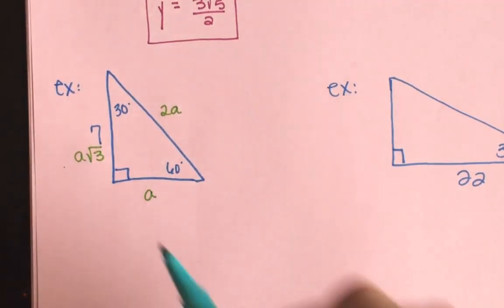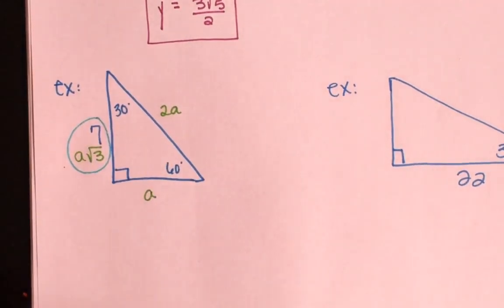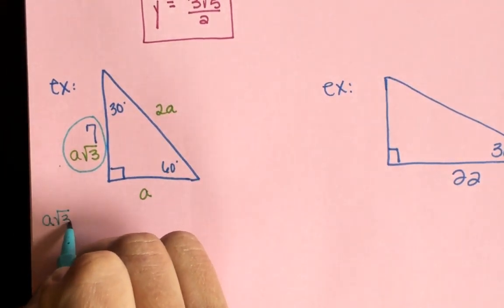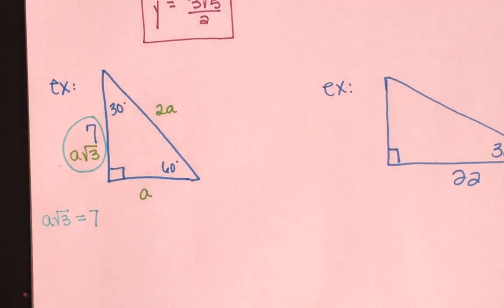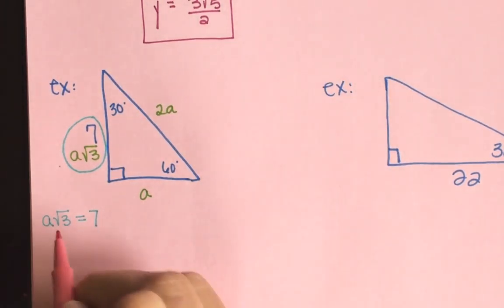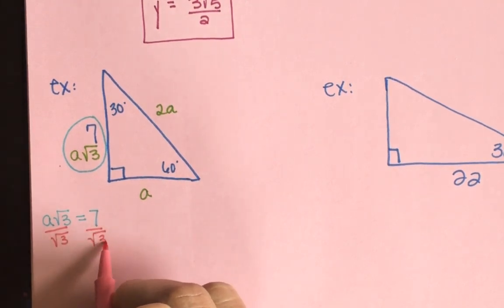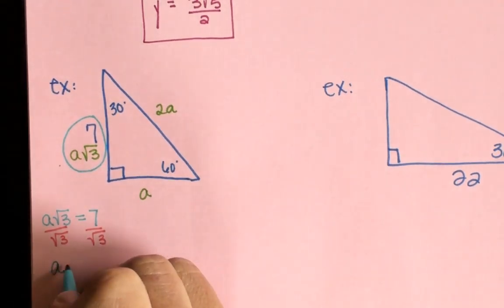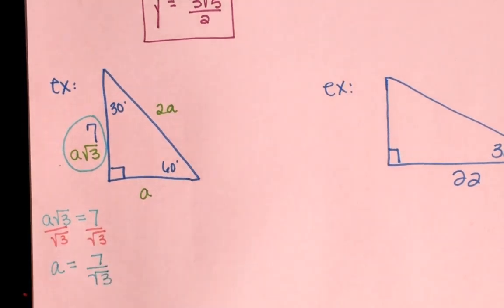We circle the side that has the value and the formula, and we set them equal to each other. So a radical 3 equals 7. Divide the number away from a, so we divide both sides by radical 3, and we end up with a equals 7 over radical 3.